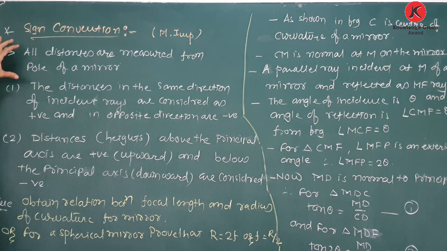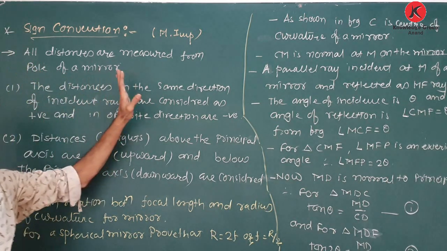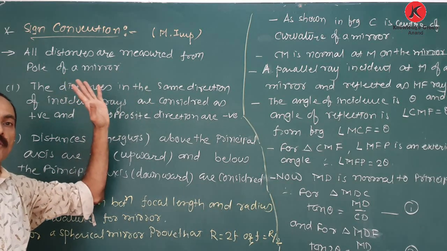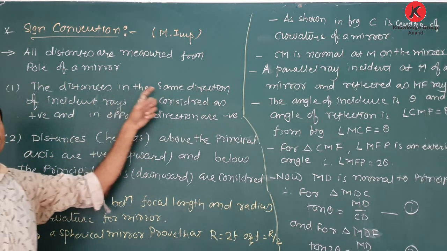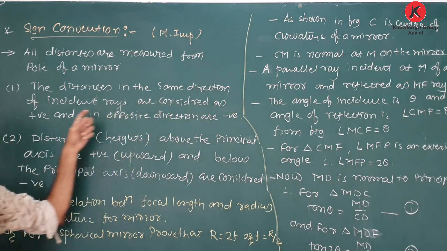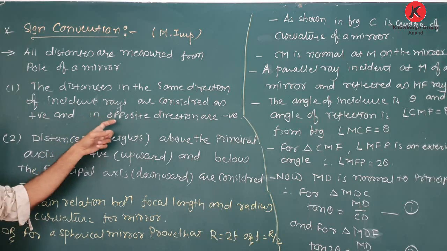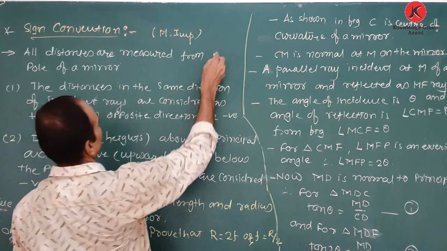First, all the distances are measured from the pole of a mirror. We already discussed the pole of a mirror. Now, the first rule is that distances in the same direction as the incident ray are considered positive, and in the opposite direction are considered negative.